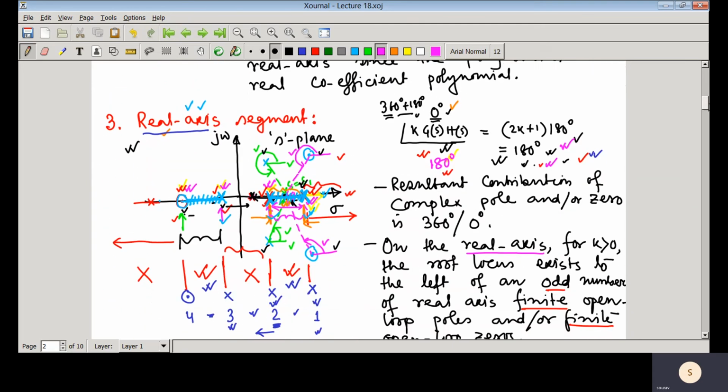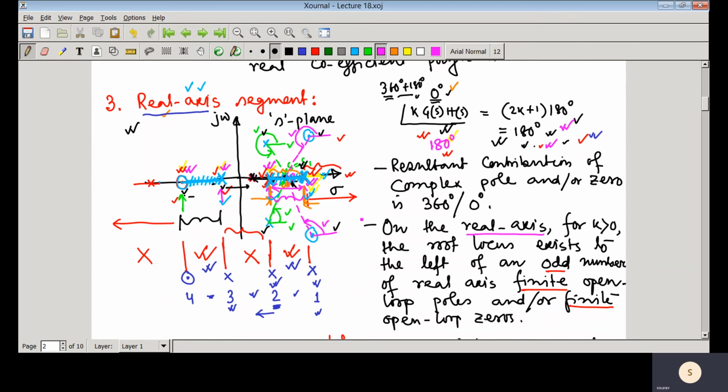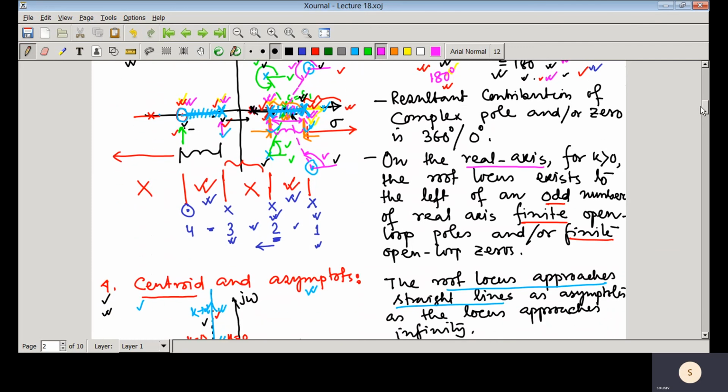Third is the real axis segment, and here we have understood which part of the real axis belongs to the root locus. We just need to calculate the odd or even number, and from there we can find which part of the real axis belongs to the root locus.